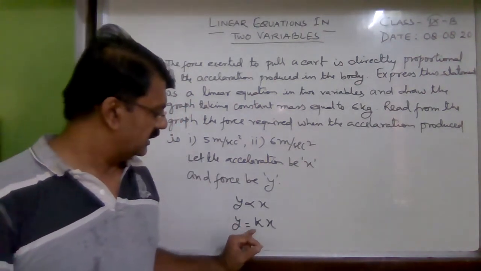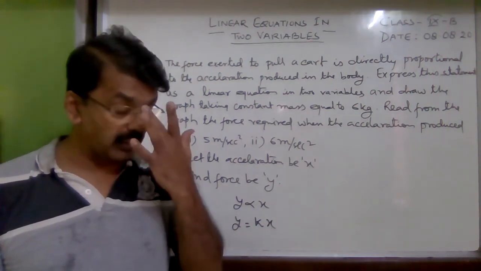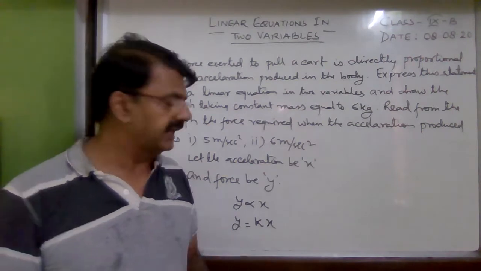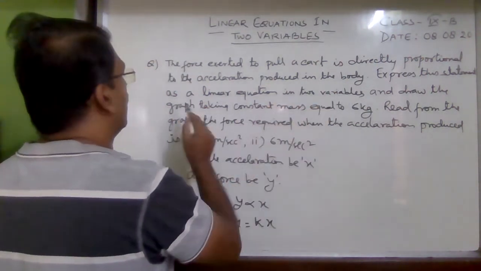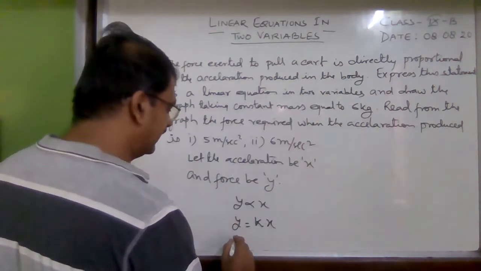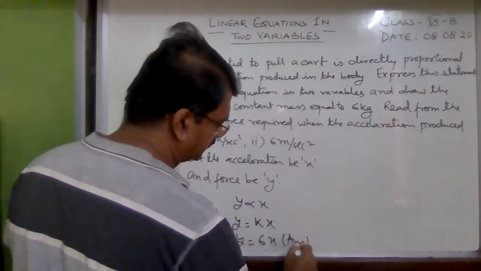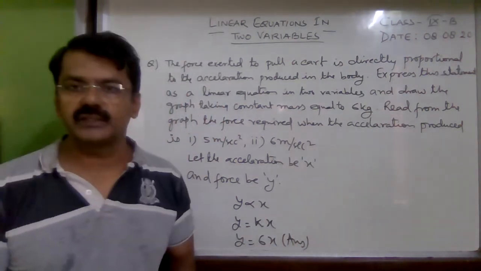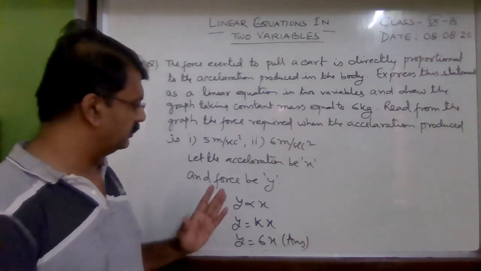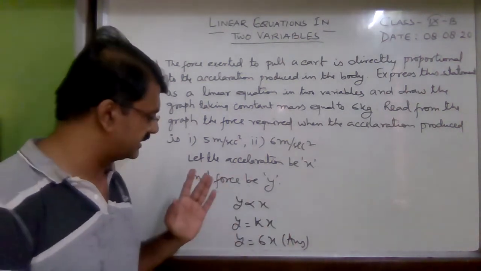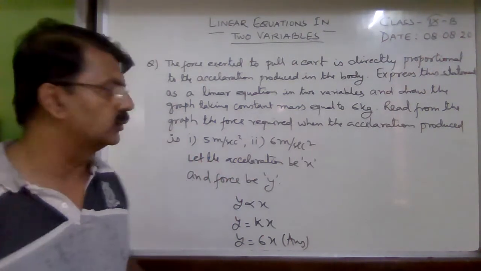Now we know that this constant of proportionality is actually the mass of the body on which the force is being applied. So they are saying that the mass we have to take as 6 kg, so y is equal to 6x. That will be the linear equation when the mass is given as 6 kg. Now we have to draw the graph of this linear equation in two variables.